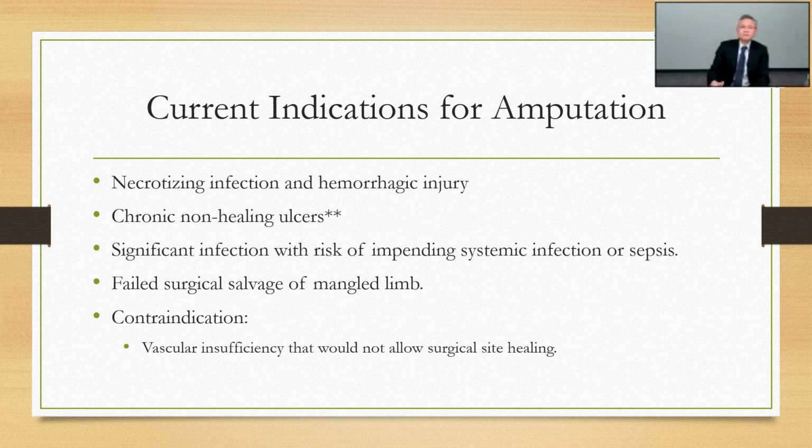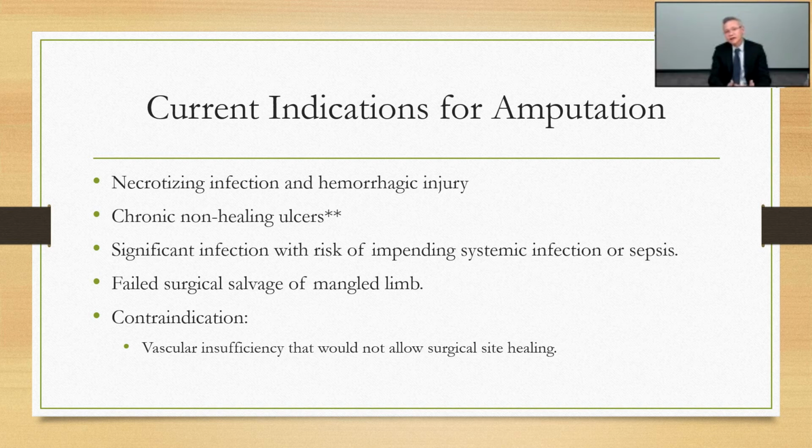So let's talk about the current indications for amputation. There are two major categories of indication. The one that's still accepted and reasonable and logical is for patients that suffer severe trauma, when their limb is so severely injured or disfigured that it cannot be repaired, or if they have severe bleeding or severe infection, then those limbs have to be amputated.